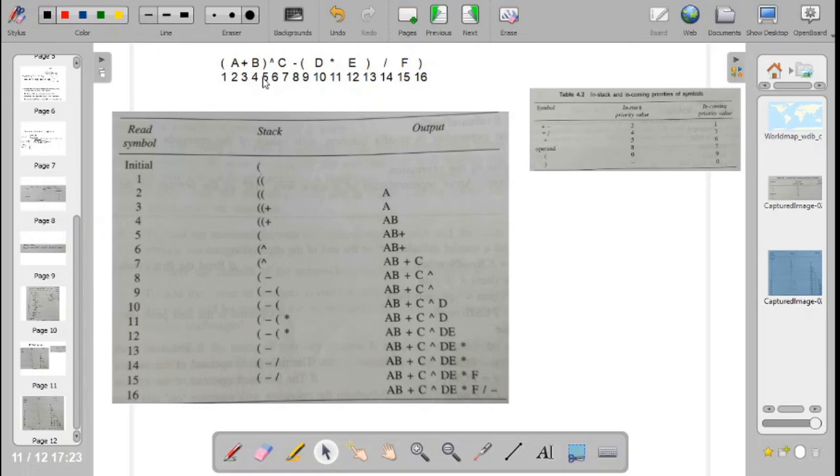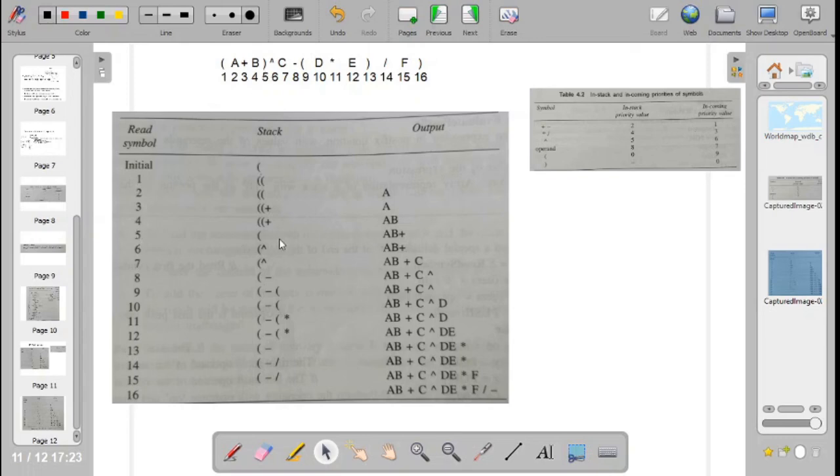Now next you read B, which is the fourth symbol. When the fourth symbol is read, the stack is like this, and you output B onto the postfix expression, right? Next symbol is 5, that is a closing bracket.